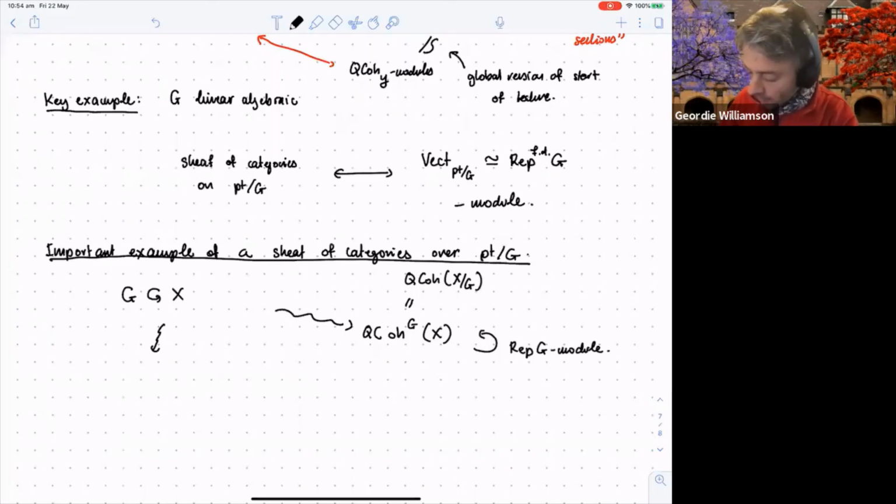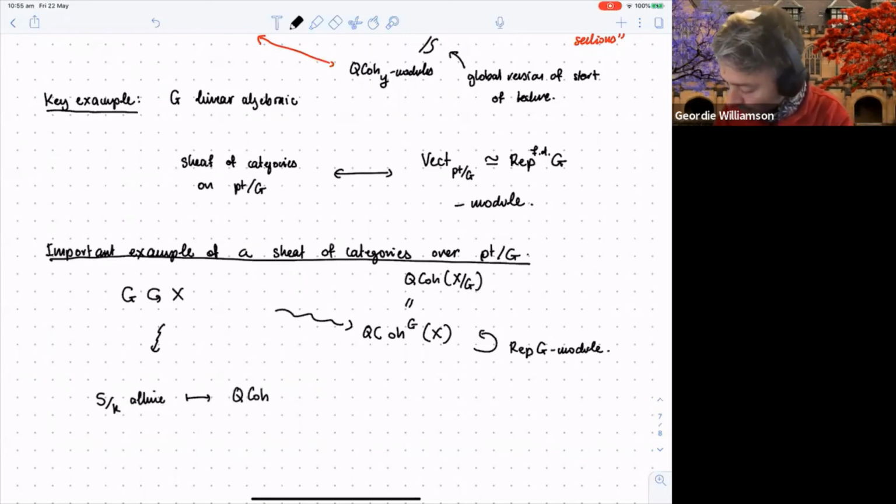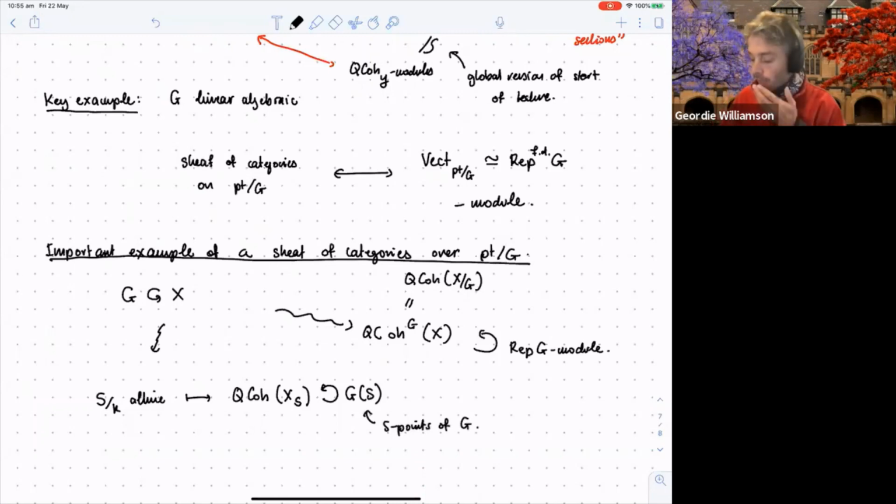On the other hand, to any S over K affine, we can associate quasi-coherent sheaves on X base changed to S, and this has an action of G_S. So these are the S points of G. Okay.